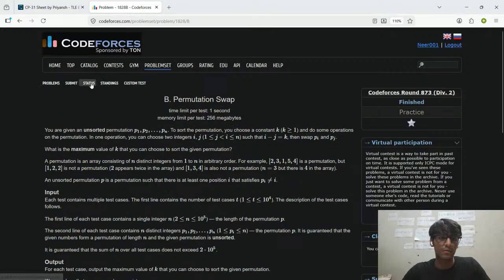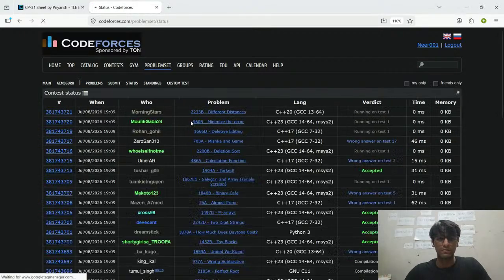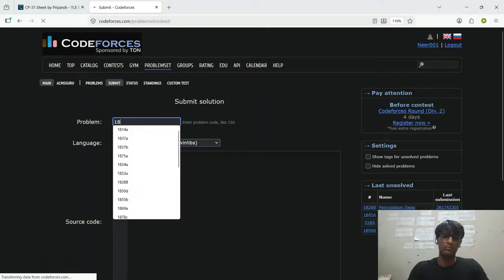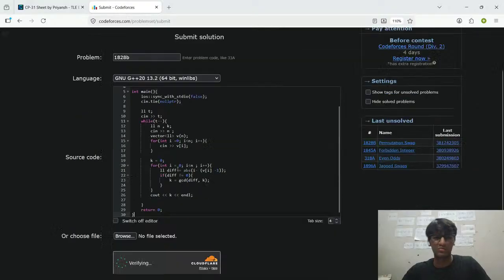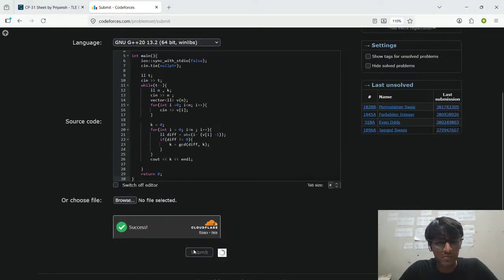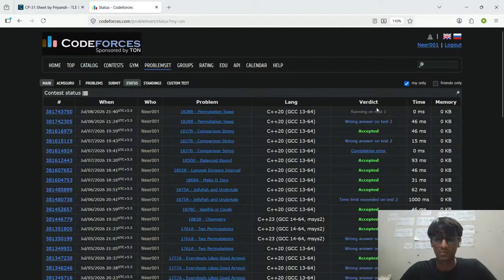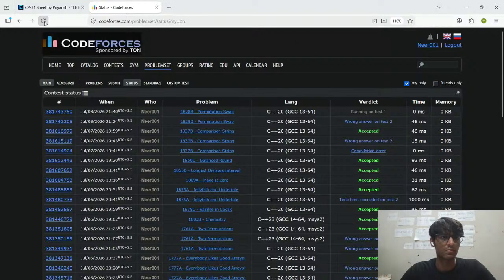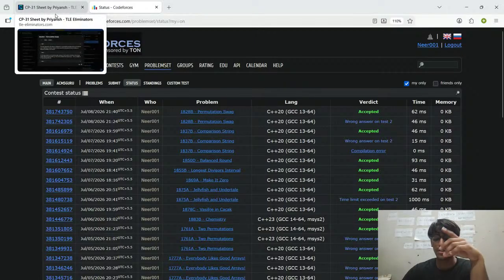Let's try this. So it works. Basically, we have to do GCD, and GCD is the greatest number which divides every number on which we are operating.